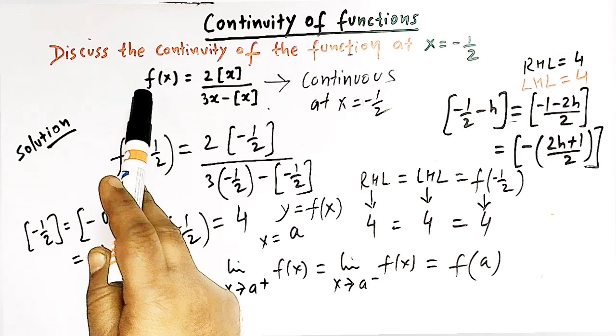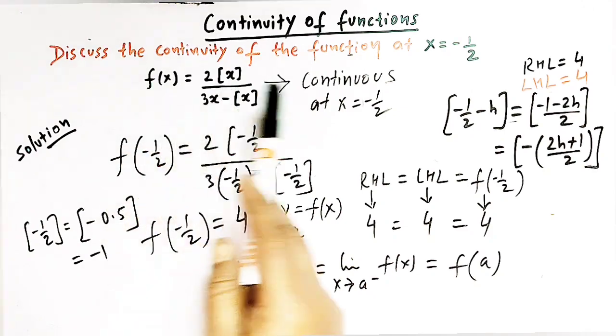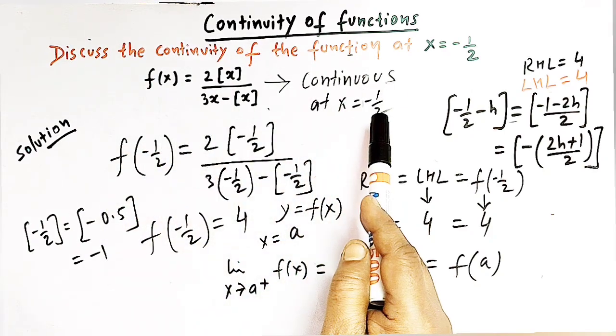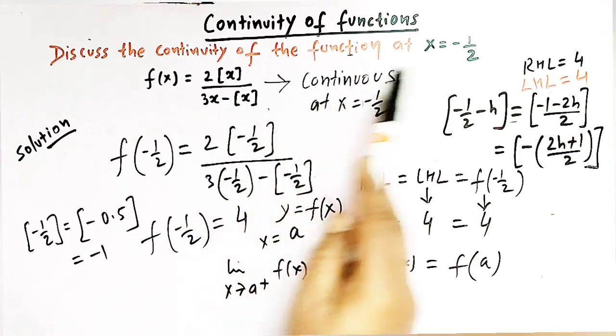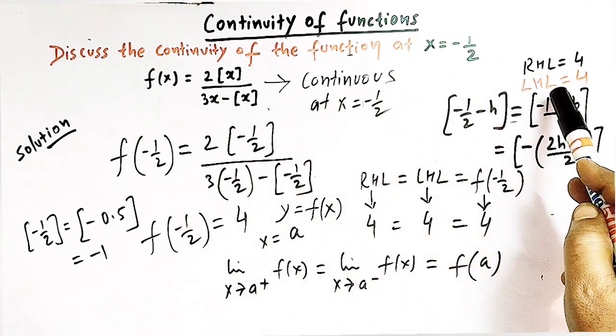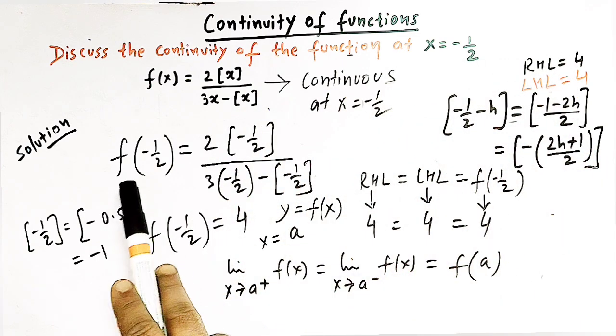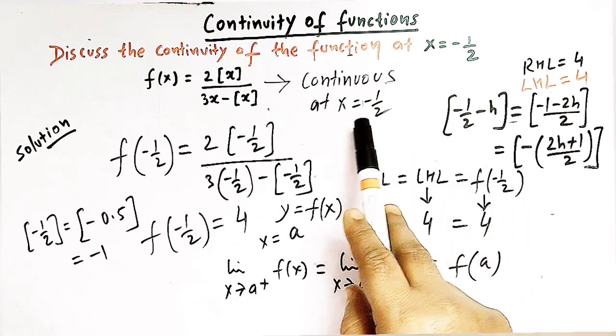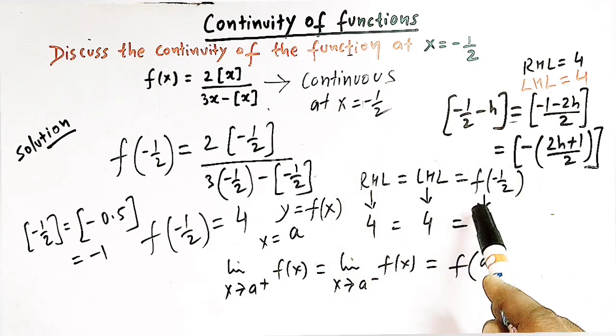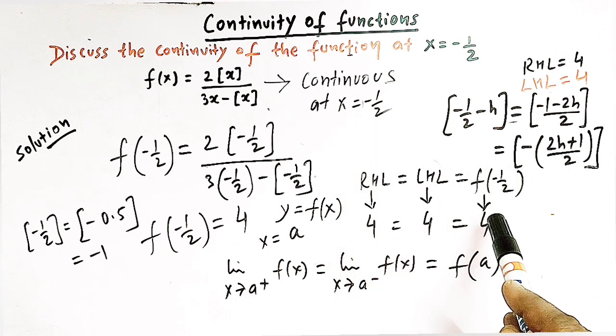So viewers, this function f of x is continuous at x equal to minus half, because the right hand limit and the left hand limit along with the value of the function at x equal to minus half, all these three quantities are equal to each other, right?